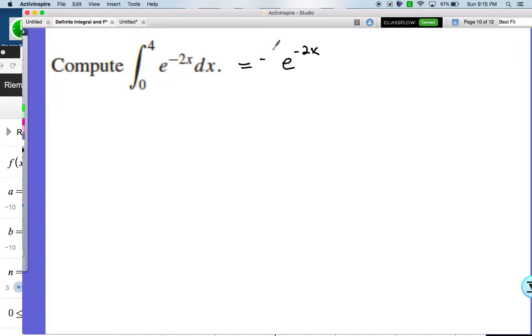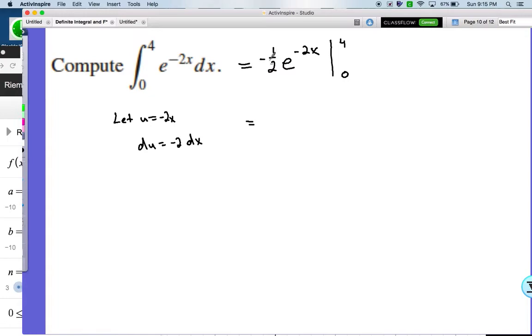So we're going to have a negative 1/2 out here in front. Okay, you could even do a u substitution by letting u be equal to negative 2x and all that business. But I'm not going to do that on this one. All right, then we go from 0 to 4, and I plug it in.